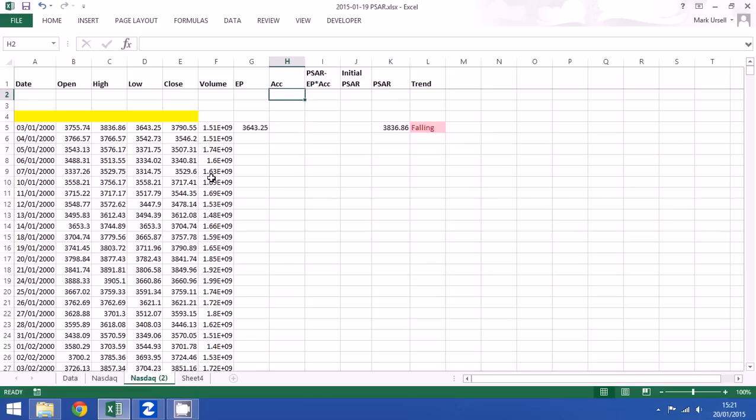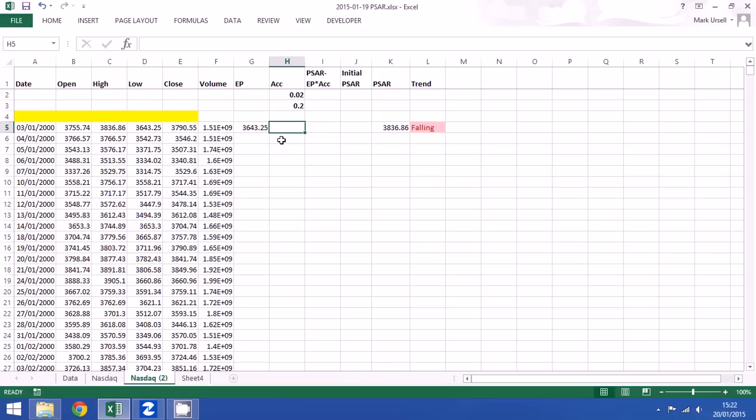Next thing I'm going to look at is the acceleration. You've probably seen these two numbers before, 0.02 and 0.2. Now 0.02 you might have heard explained before is the initial acceleration factor and the increment. And 0.2 is the maximum acceleration. So the acceleration factor is how much we're going to move our PSAR.